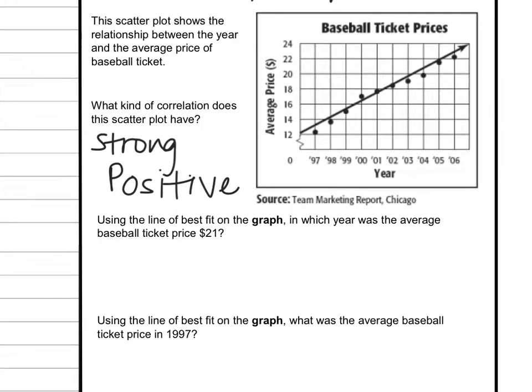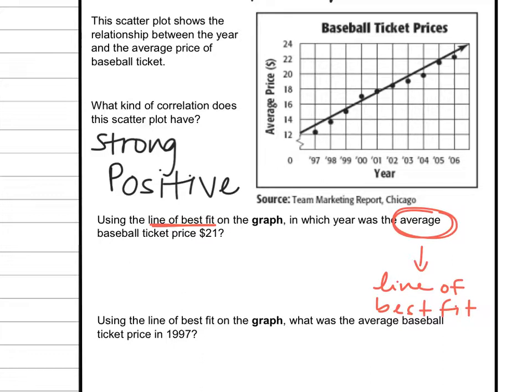Using the line of best fit. When I ask you any question about the average, using the line of best fit, in which year was the average baseball price $21? You have to use the line of best fit. Even if there's a point that's at $21, I am not asking about the point because that's one scenario.